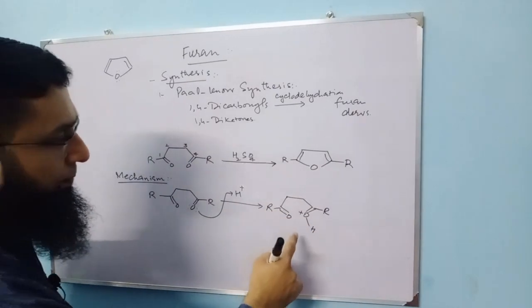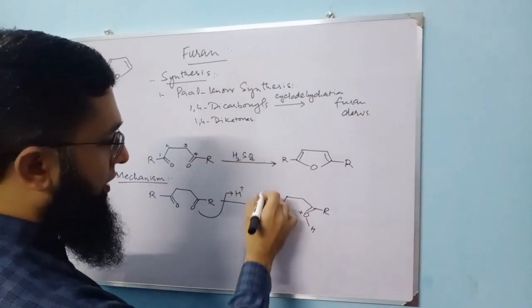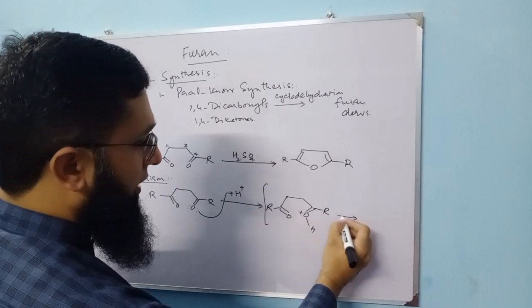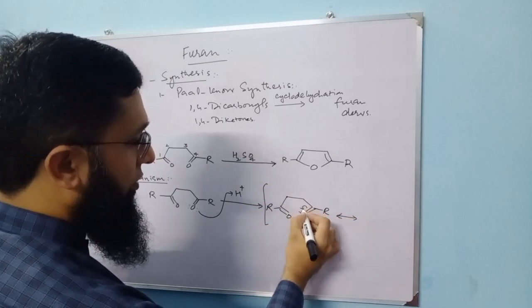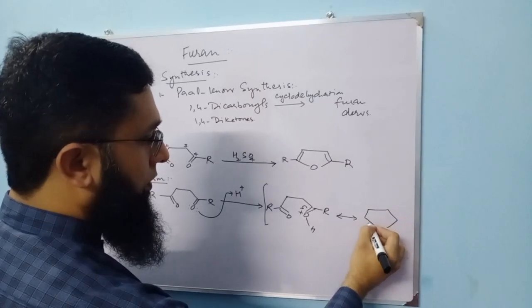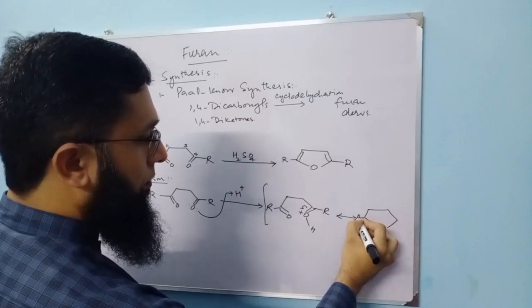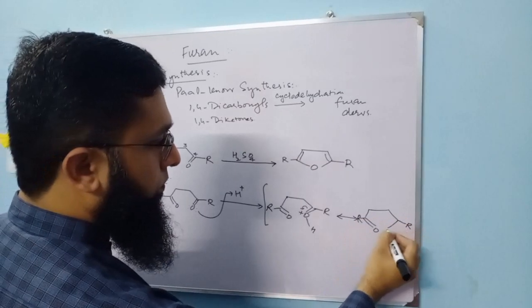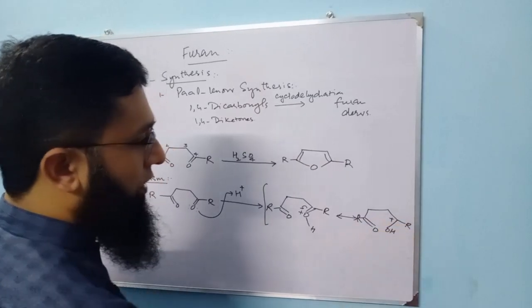This can be expressed in this way or represented in this way, as well as these electrons can go here. So we get positive charge here.